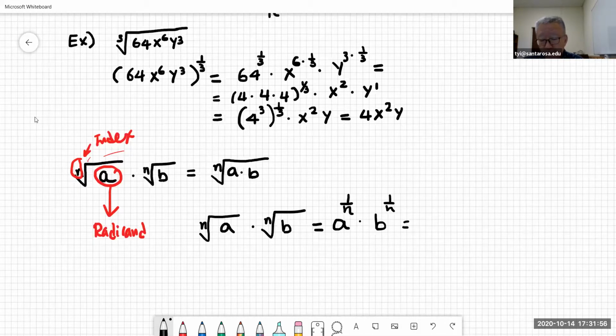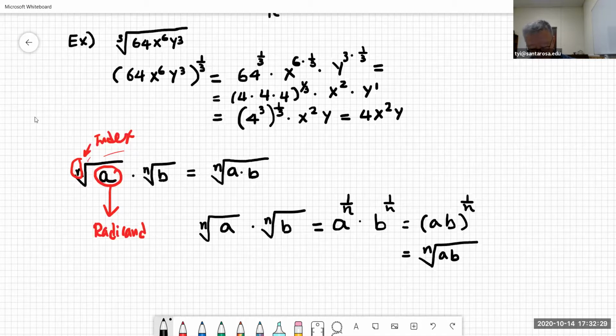Using the power rule, this becomes a times b to the 1 over n. But that's simply the radical n, the n-th root of ab. And that's what we have here. Again, as I mentioned earlier, you cannot have any negative inside the square root. Cube root is okay.